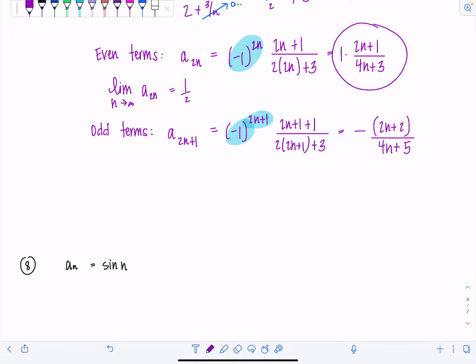And it's not difficult to show that the limit as n approaches infinity of the odd terms is equal to, see now how this negative stayed? A -1/2.